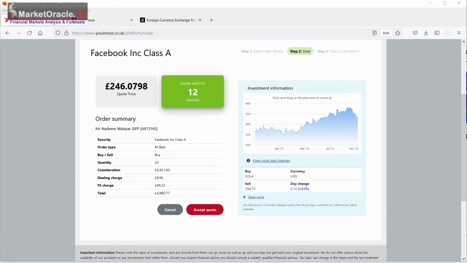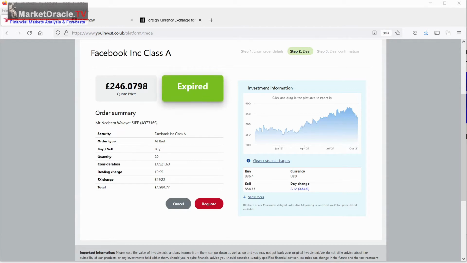So the total cost is £4,980.77. They charge £10 for dealing and 50 for FX. 4921.6 was the cost for 20 shares of Facebook. Right, and the price quoted is 335.4.